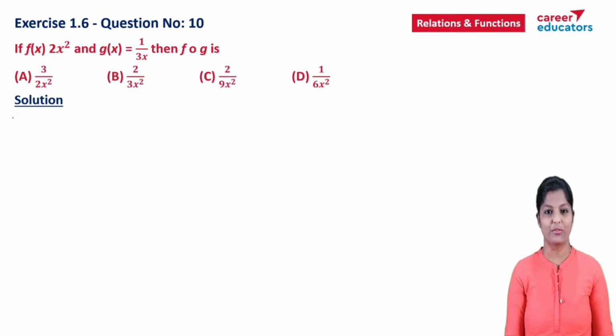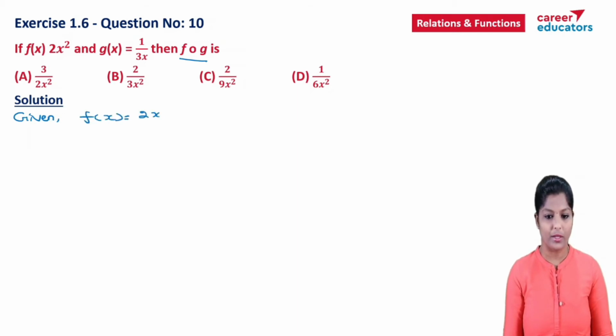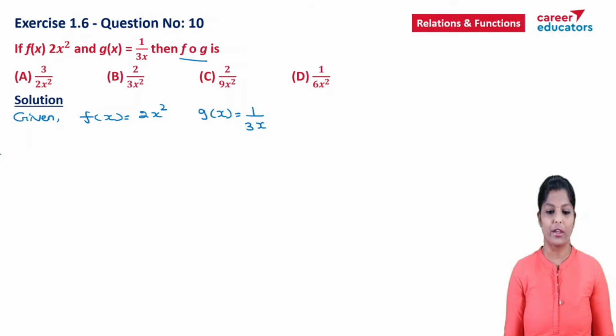Next, we are going to solve question number 10. Here, f of x and g of x are given. We have to find f of g. Let's solve the problem. Given f of x equal to 2x square and g of x equal to 1 by 3x. Next, we have to find f of g. F of g equal to f of g of x equal to f of, write the value of g of x, 1 by 3x.